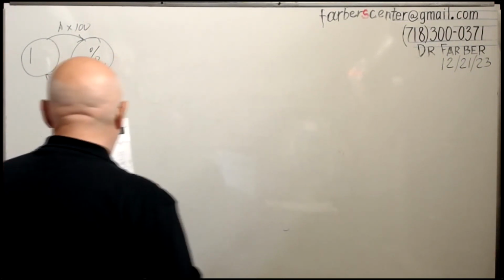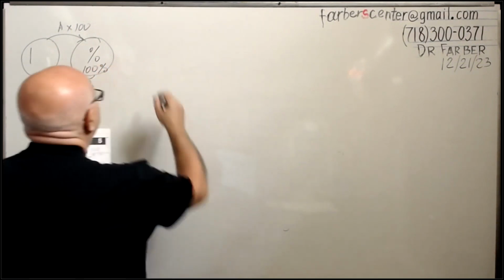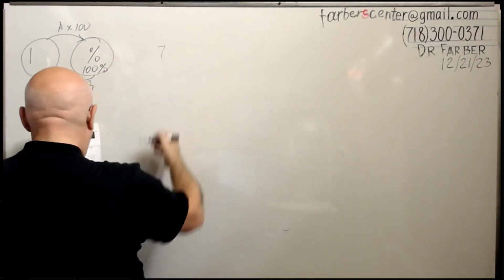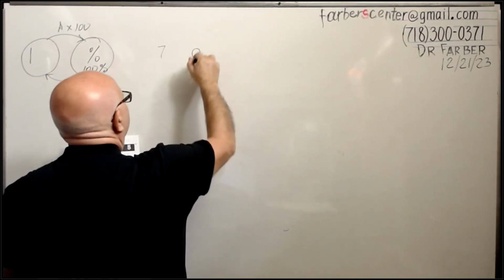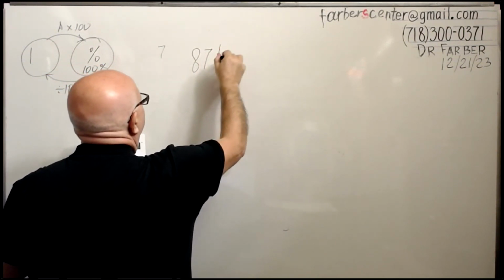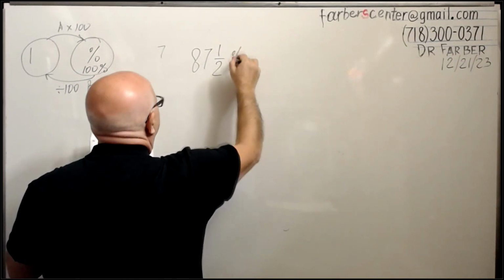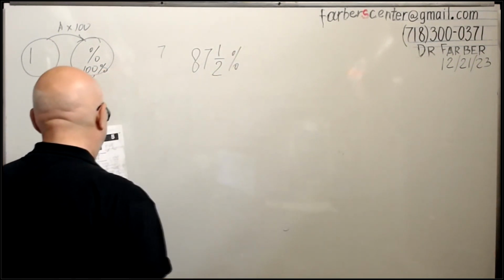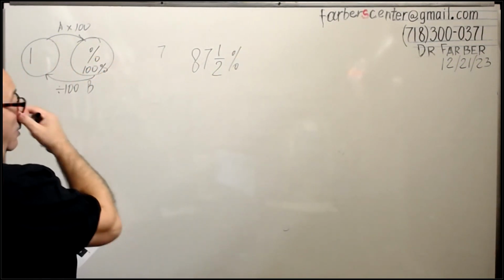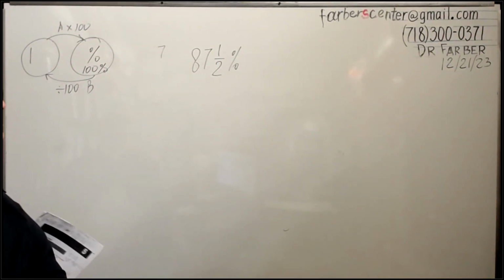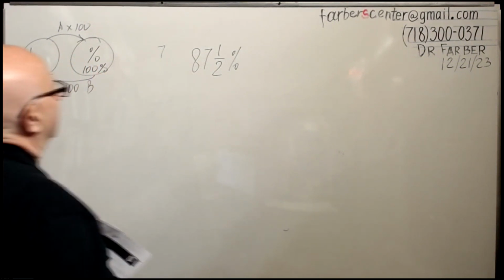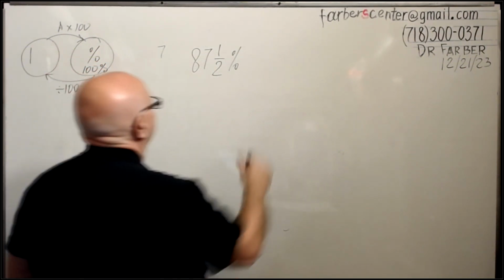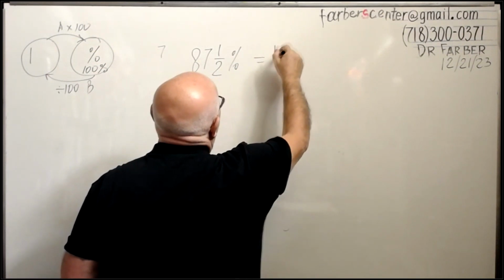How many 16ths are in 87 and 1/2%? Well, first of all, it's not convenient to operate with a mixed number. It would be 174 plus 1, 175 over 2%.